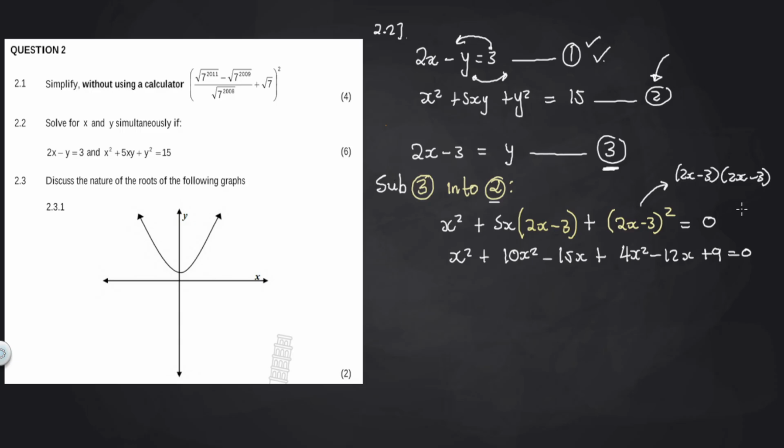Then we FOIL. This and this gives us 15x squared, minus 27x plus 9 equal to 0.